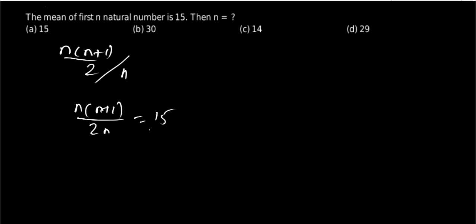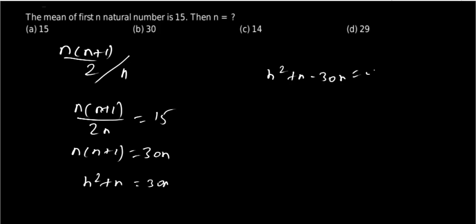So, if we bring this to the right hand side, n into n plus 1 equal to 30n. So, we'll get n square plus n equal to 30n. So, n square plus n minus 30n equal to 0. So, n square minus 29n equal to 0.